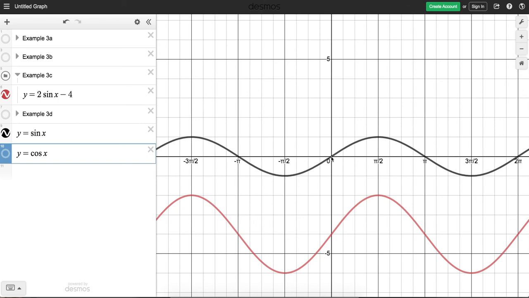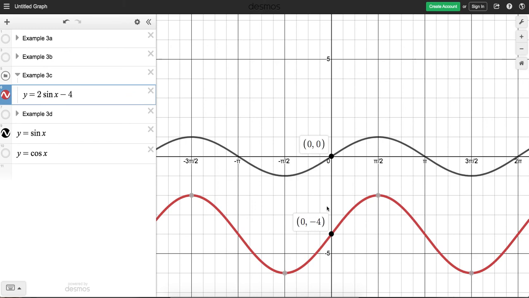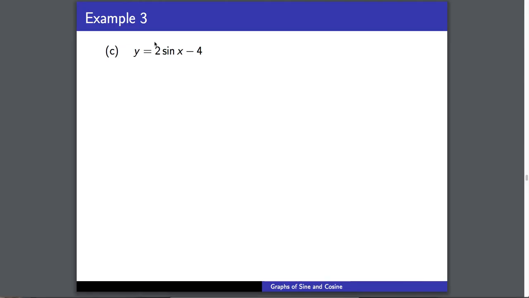But if we look at our original point 0, 0, now we're at 0, negative 4. So it shifts the graph down 4 units. The 2 out in front is a vertical stretch. It does affect the amplitude, but in terms of vertical shifting, it does not. It's only what we're adding or subtracting at the end. So we're shifting down 4 units.